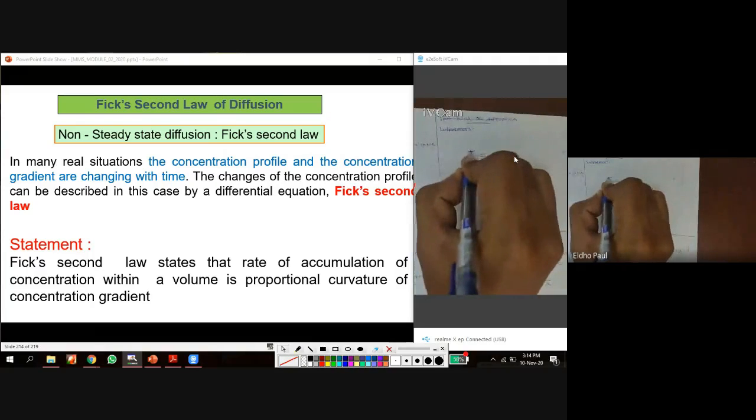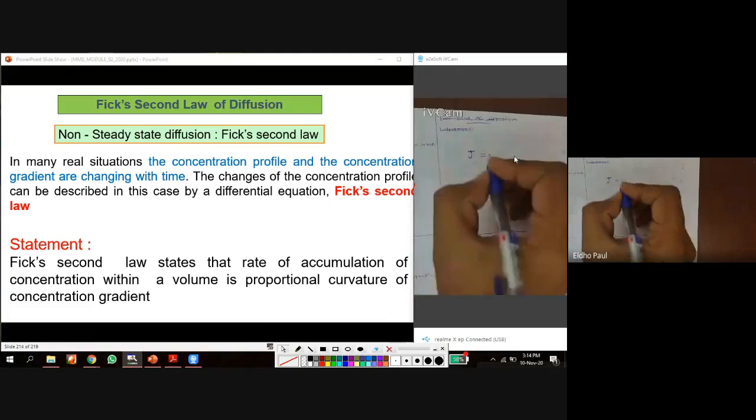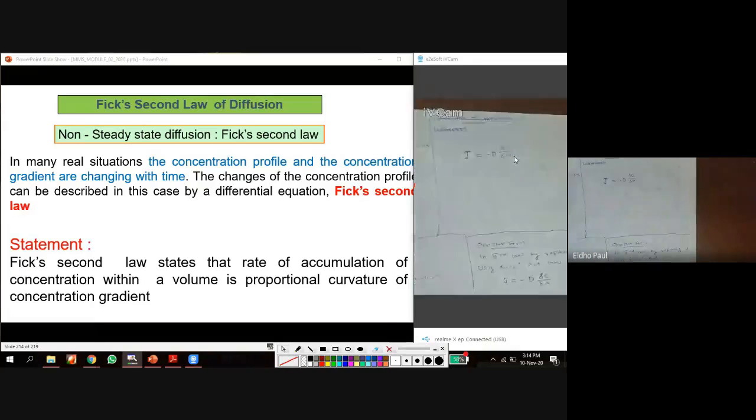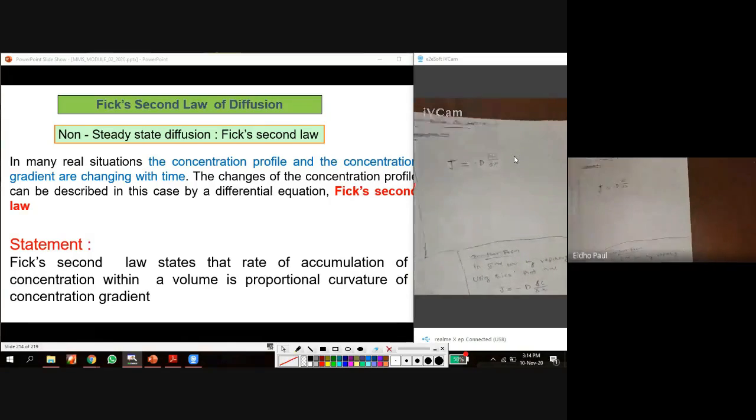So J, the mass flux, is equal to minus D into dC by dX. So that is the concentration gradient. Fick's first law explains this relationship. Next we are going to discuss Fick's second law.